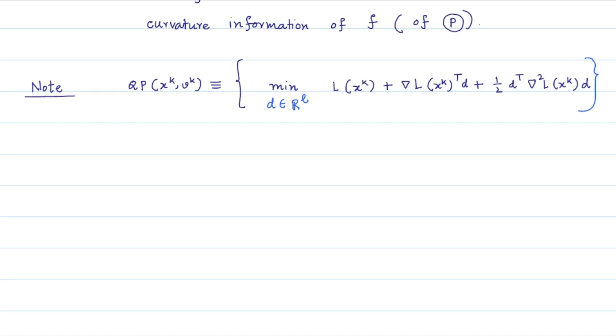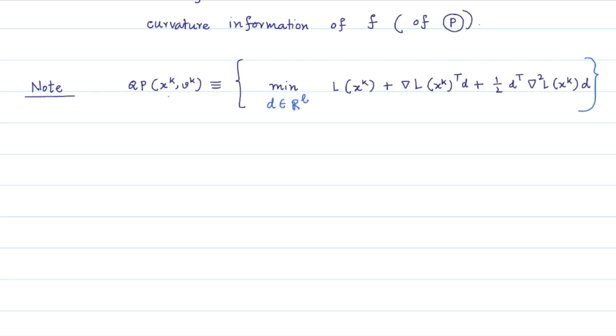And fascinatingly, we can actually show that out of the several drawbacks of Newton's method to solve an unconstrained optimization problem, only the closeness of the initial iterate alone can establish the convergence of this sequence xk, vk to a KKT point of the original problem capital P.